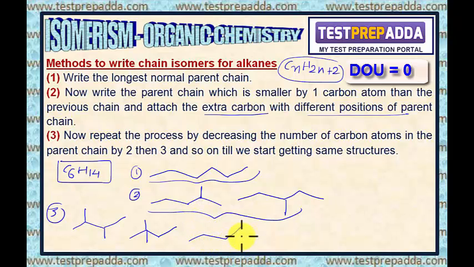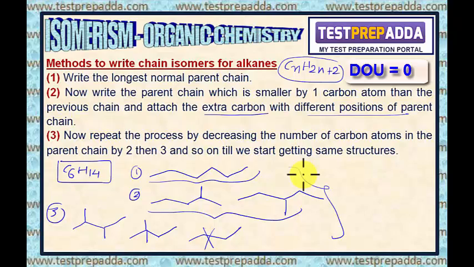Then parent chain will be this. This means 5 carbon atoms. Okay, and that we have already considered. So these are the different chain isomers of the molecular composition C6H14. These steps are very important because these steps will help you in writing the different isomers in complicated cases.